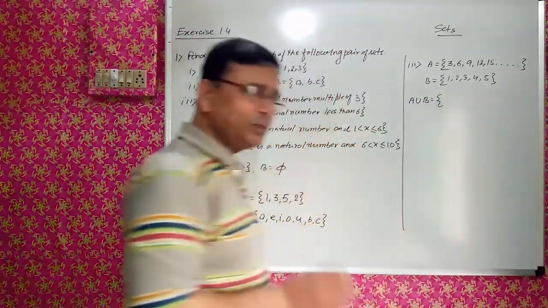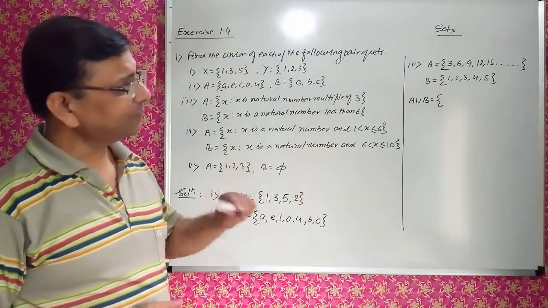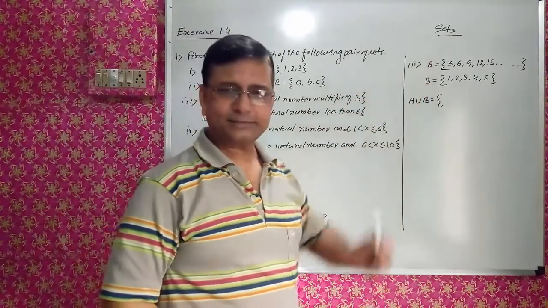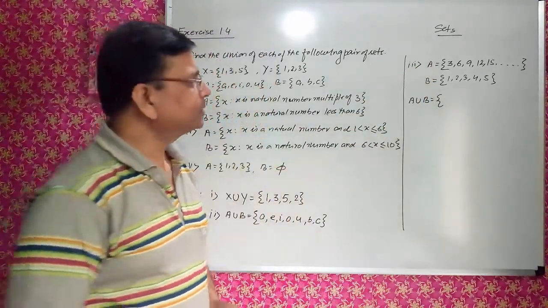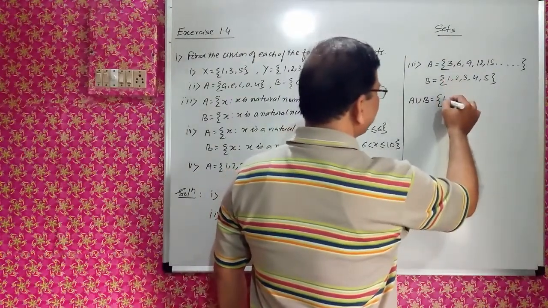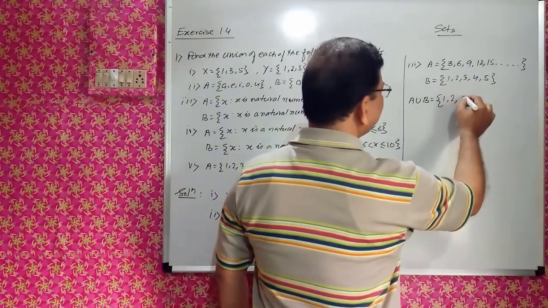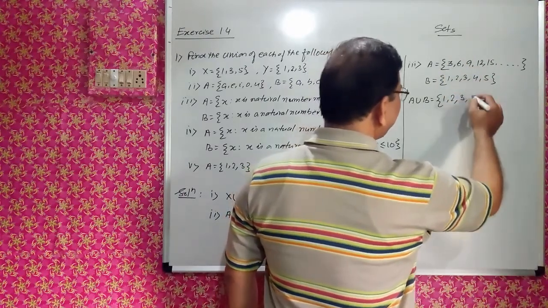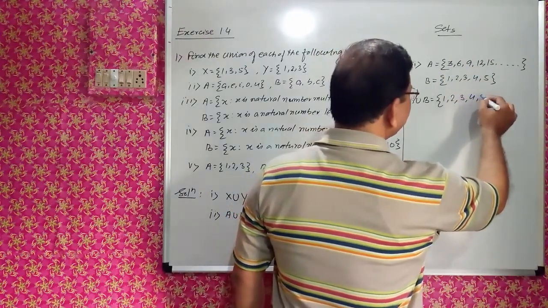In A union B, those elements are there which are in either this or this. Right? So see, 1 is here but 1 is not here. So 1 I will take, 2 I will take, 3 I will take because 3 is at both places, 4 I will take, right? 5 I will take.